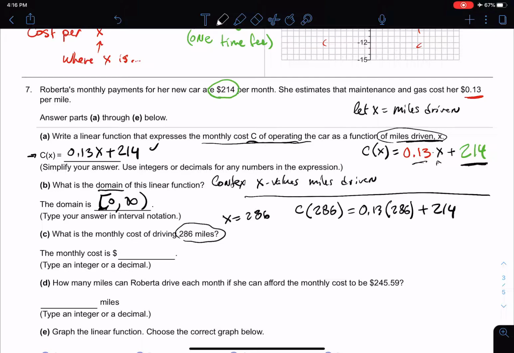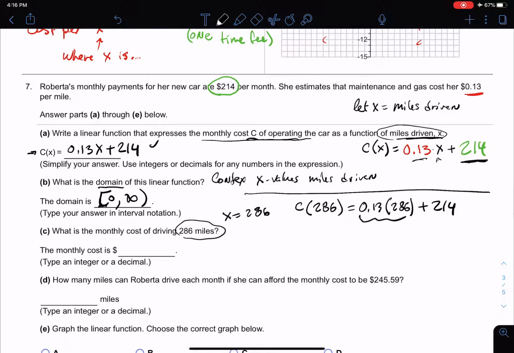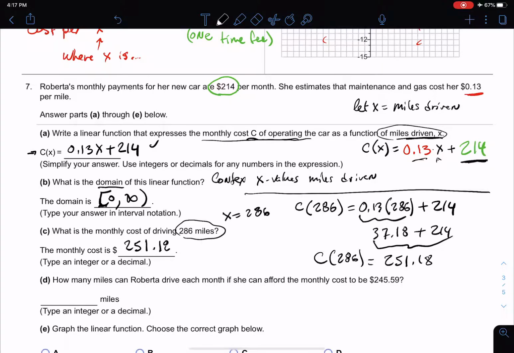Then you multiply and you get $37.18, plus 214, and add those together, and we get $251.18. The proper way to write that would be C of 286 equals $251.18. They already have units of dollars there, so I'll just let that go.